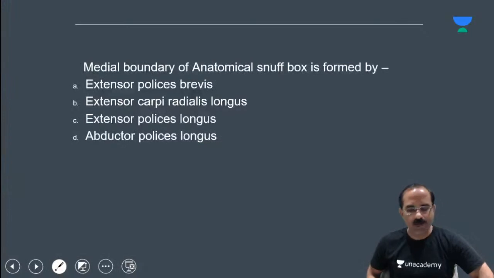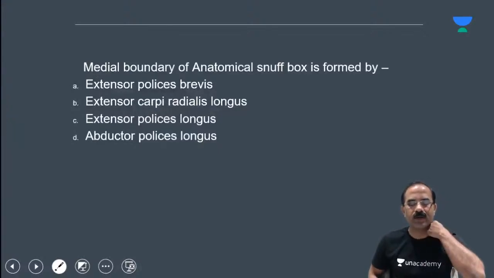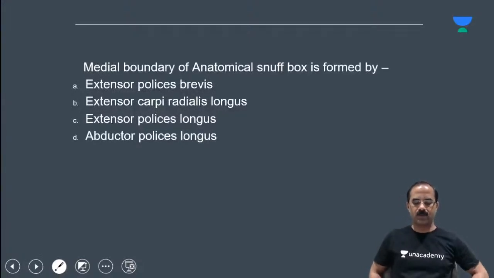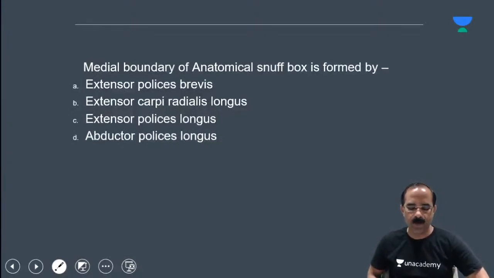Medial boundary of anatomical snuff box is formed by. Anyone? Medial boundary of the anatomical snuff box is formed by. Come on, students.